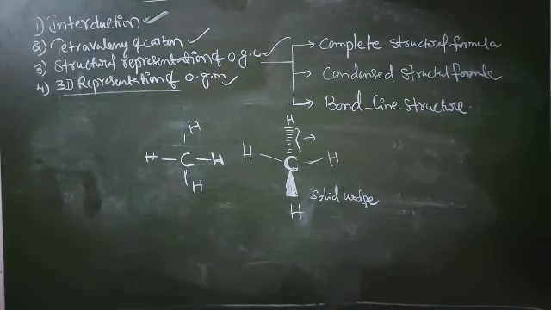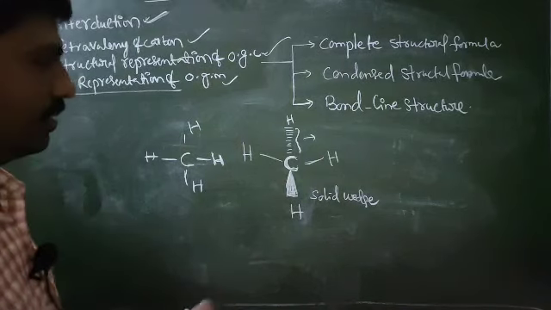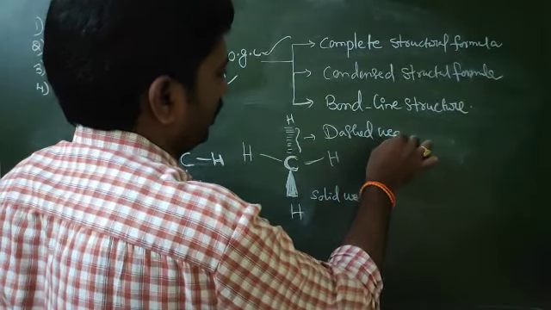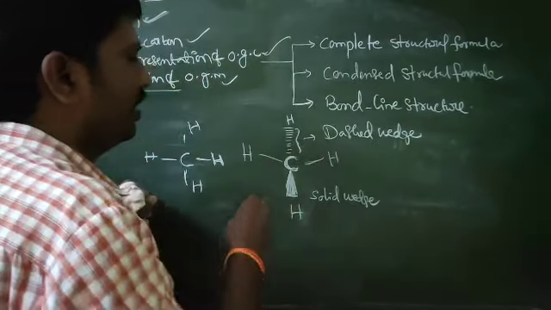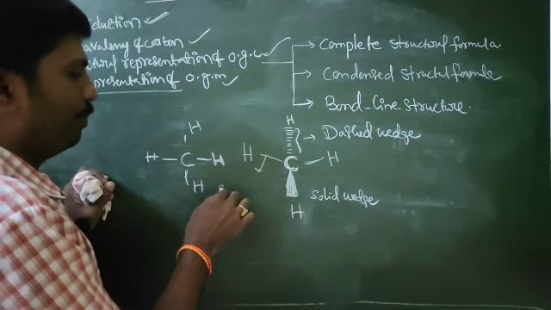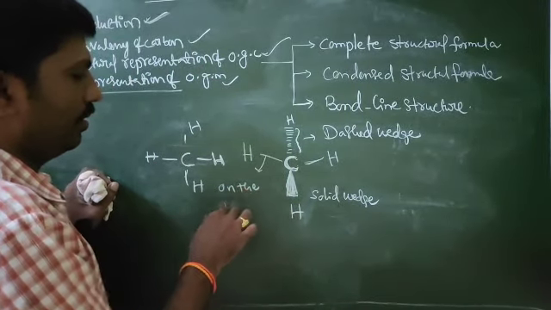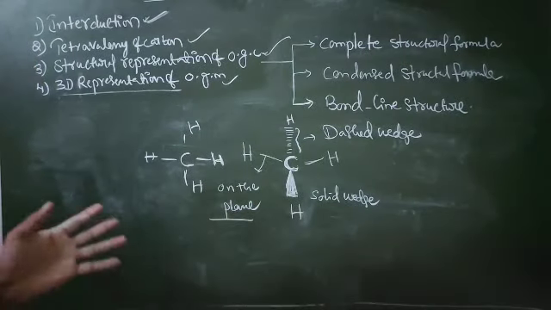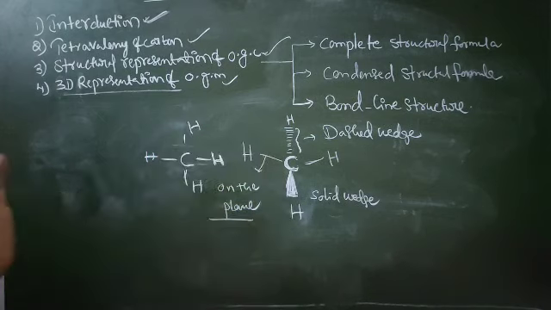Near to the observer is the solid wedge, and away from the observer is the dashed wedge. This is on the plane. So this is a 3D representation of an organic molecule.